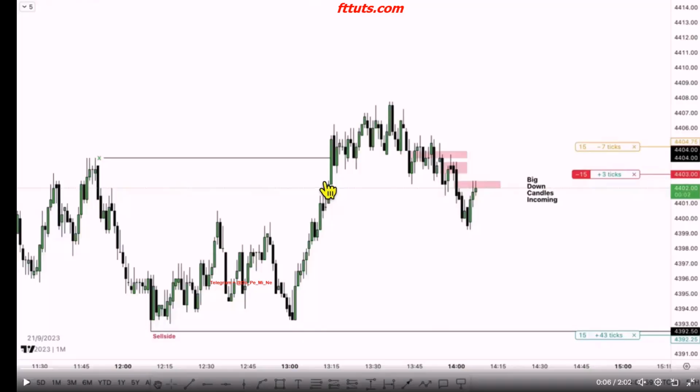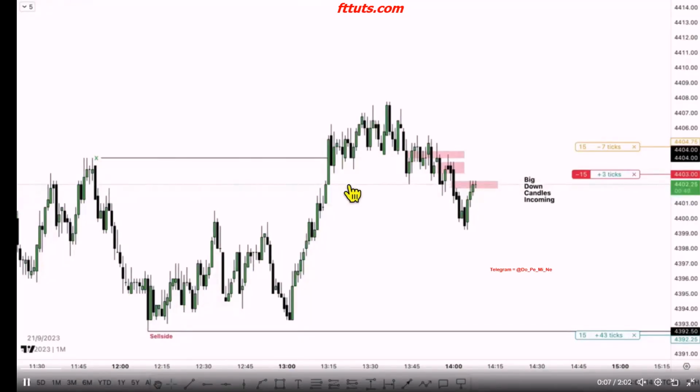Notice that I entered personally already when price displaced below the highest BC on the left side of the curve right here, because that should act as an inversion on price if price is going to be bearish. Next, this BC should act as an inversion on price if price displaces below it.